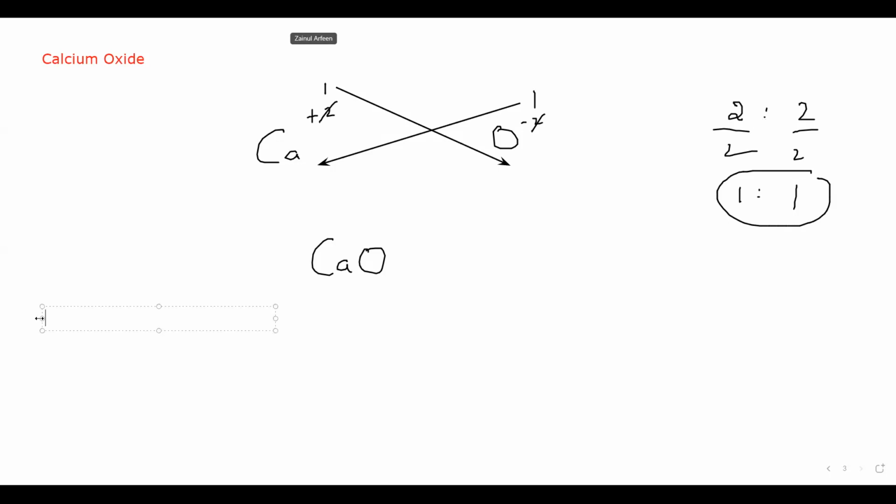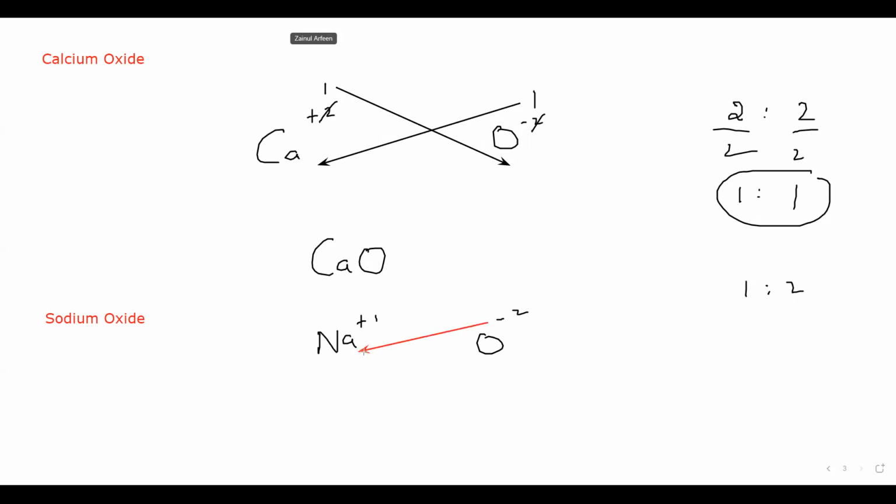If I ask what is the chemical formula for sodium oxide, how do we work it out? Just like in the previous example, sodium valency is +1 and oxygen valency is -2. And 1 and 2 I cannot simplify further, it remains 1 is to 2. If we cannot simplify further, what we normally do is cross multiply.